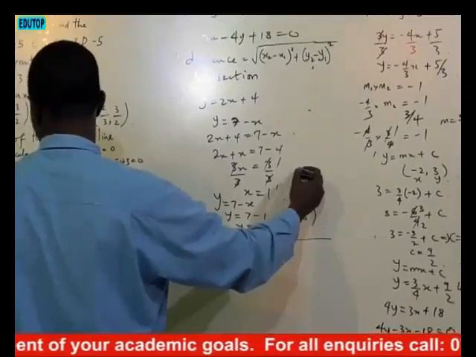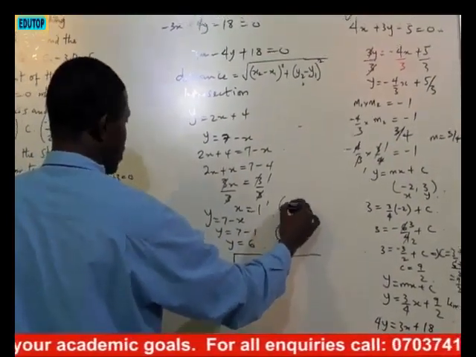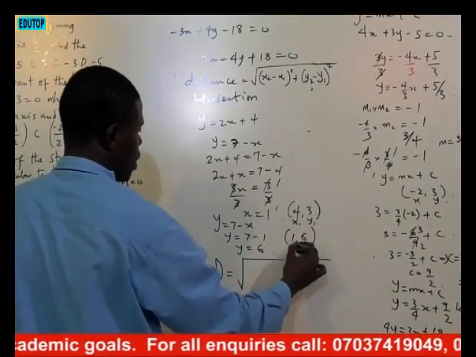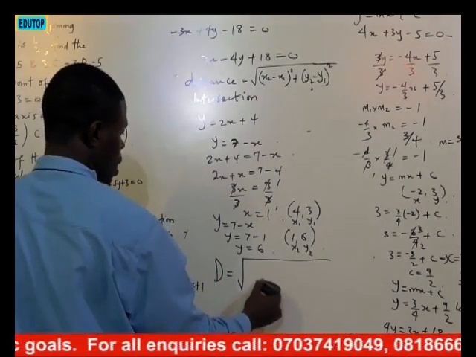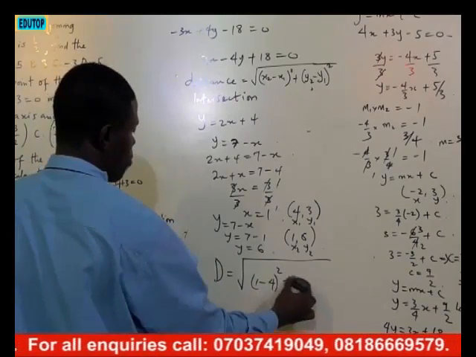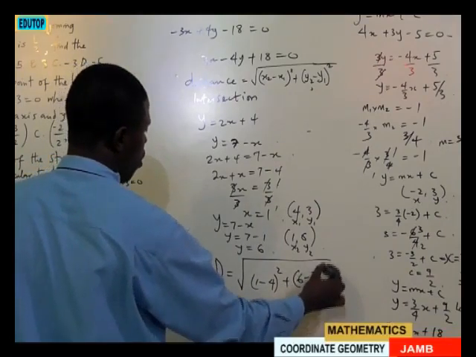The first point is given in the question, and that is 4,3. So I have x1, y1, x2, y2. So x2, 1, minus x1, 4, all squared, plus y2, 6, minus y1, 3, all squared.